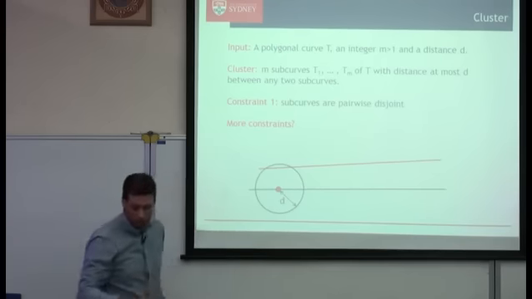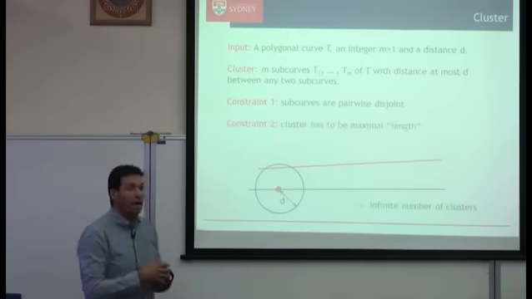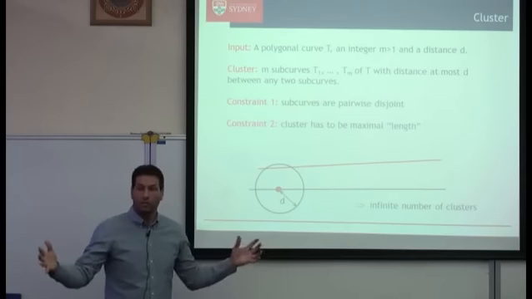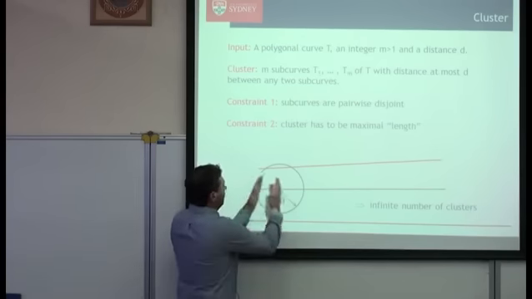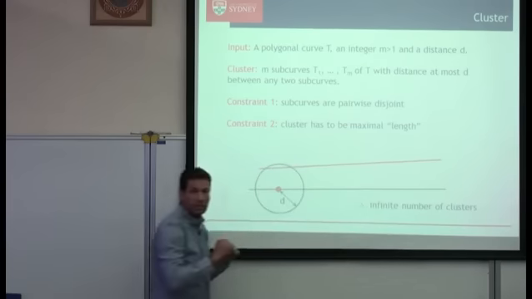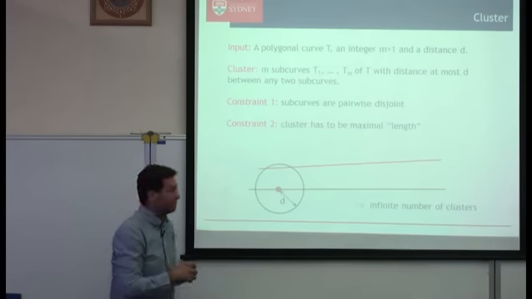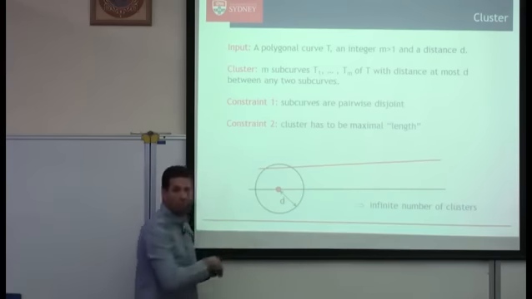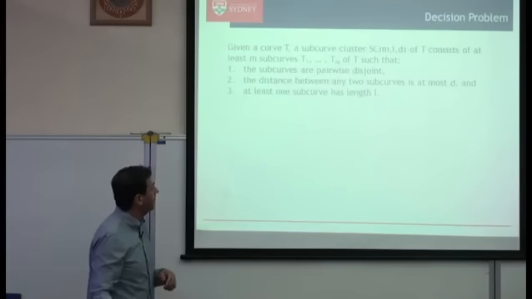So usually we assume that I have a maximal length of the cluster. In this case, for example, I would have a cluster that might go all the way over here. I don't want to report every possible cluster, because then I would get an infinite number of clusters. Okay?